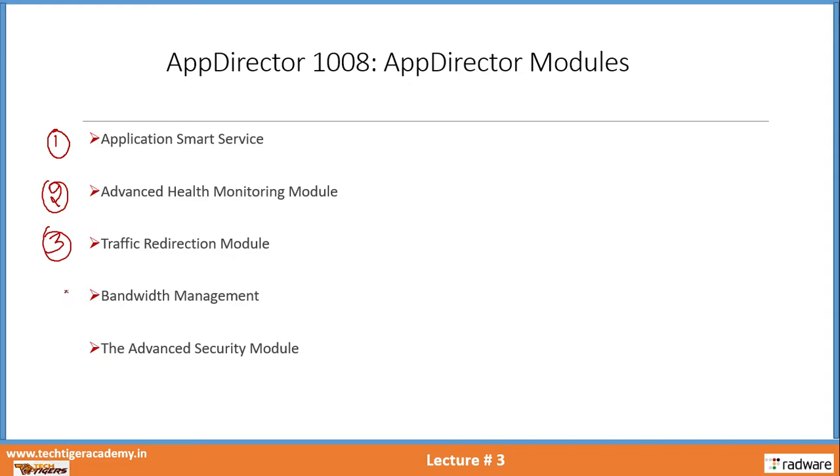And then we have Bandwidth Management. And then we have the Advanced Security module, right? All these modules are available in App Director, and all these modules work together to provide you security, high availability, acceleration, and availability of content.